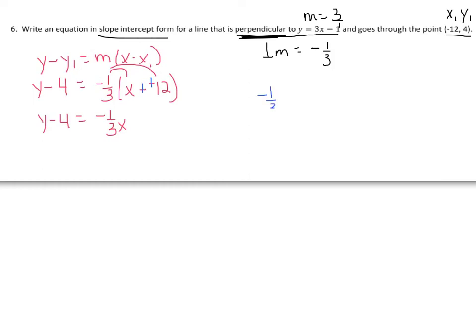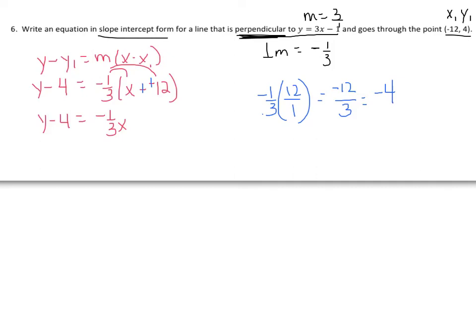Negative 1/3 times a positive 12. I want you to keep in mind that when you're multiplying fractions, you multiply the top numbers and you multiply the bottom numbers. So on the top, I have negative 1 times 12. That gives me negative 12. And 3 times 1 gives you 3. Now when you divide that, it gives you a negative 4.